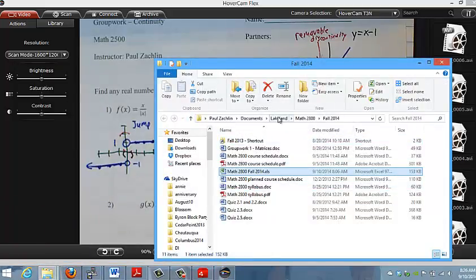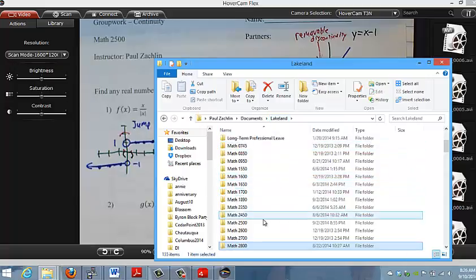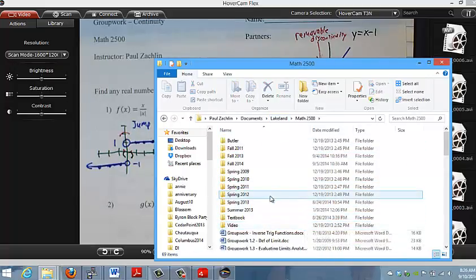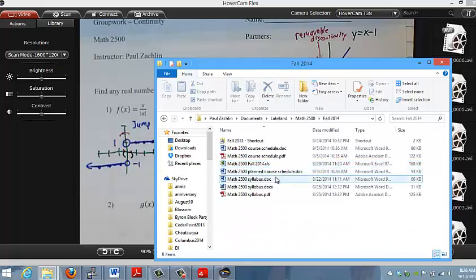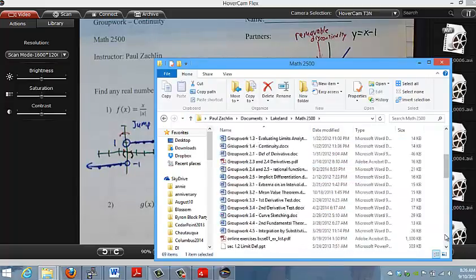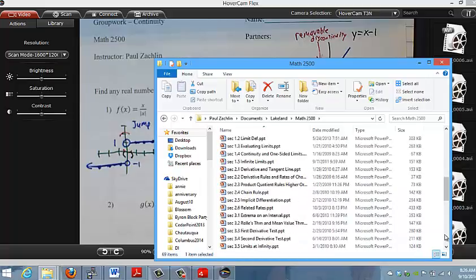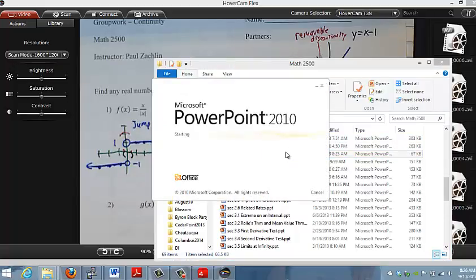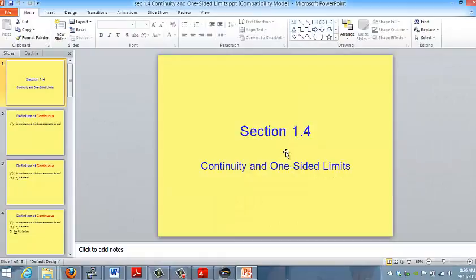Give me one second here. I'm going to punch it up. It's on the PowerPoint that I have on continuity and one-sided limits. Right here. You see, we know lots of functions that are continuous.